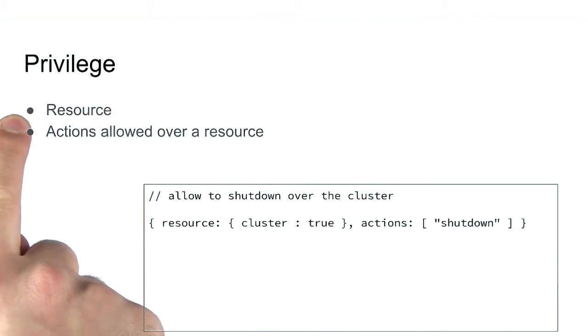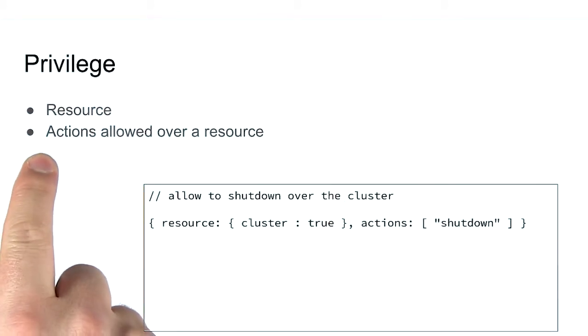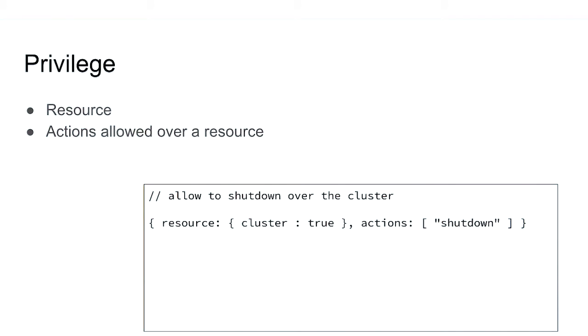A privilege is defined by a resource and the actions allowed over that same resource. So for example, here we would have the system allowing the shutdown of a full cluster. By that, we define the resource cluster equals true and the action to be shutdown. A role with such a privilege will be allowed to shut down any member of the cluster.